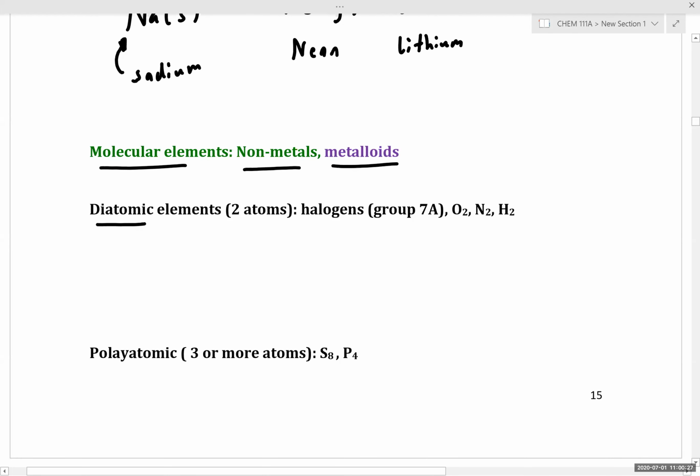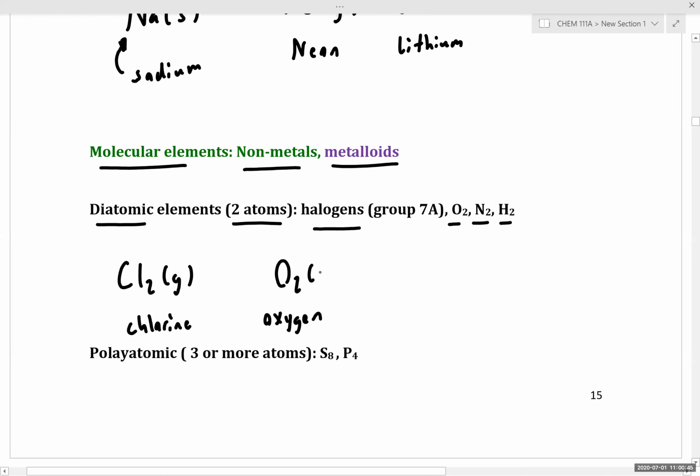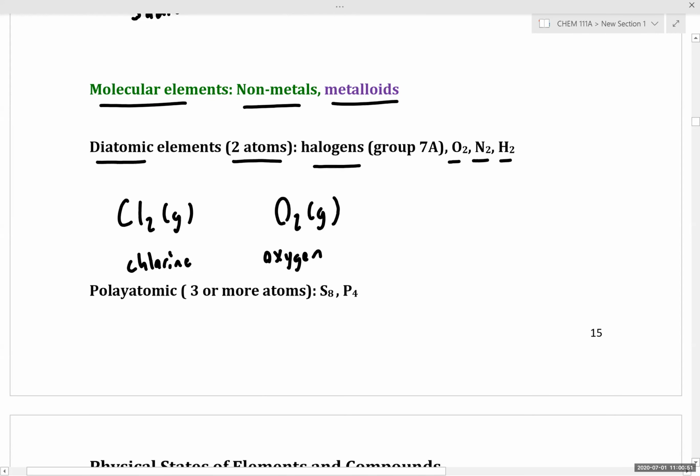Your diatomic elements, which have two atoms, are your halogens, oxygen, nitrogen, and hydrogen. For example, chlorine is Cl2. When someone says oxygen in the context of a chemical reaction, they're describing O2. Now, there are only two polyatomic elements: sulfur and phosphorus.